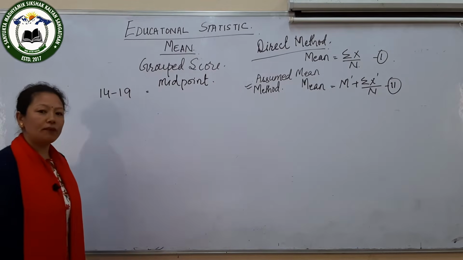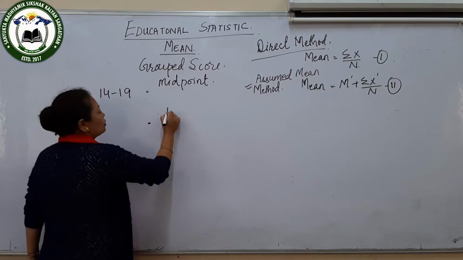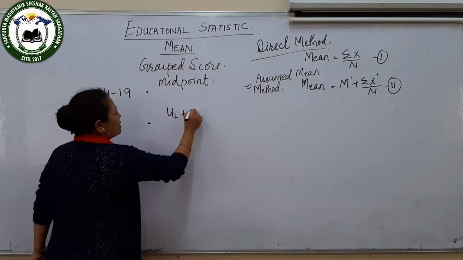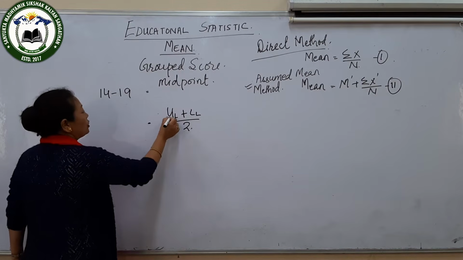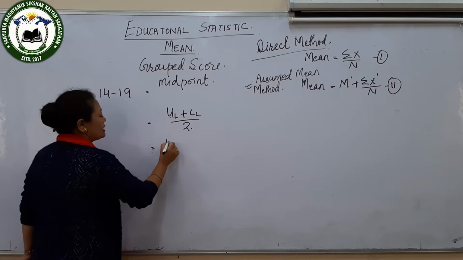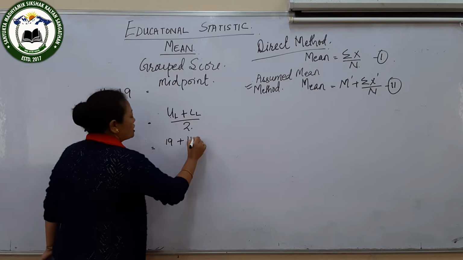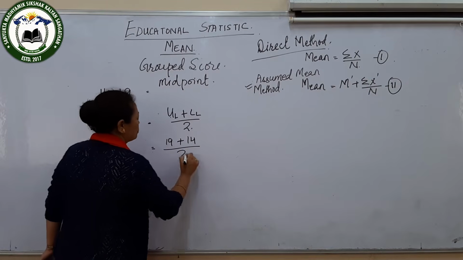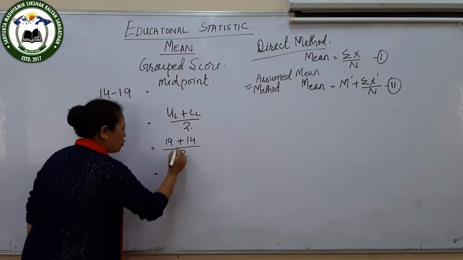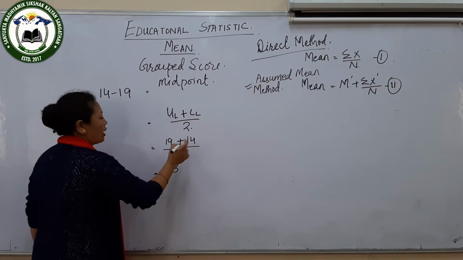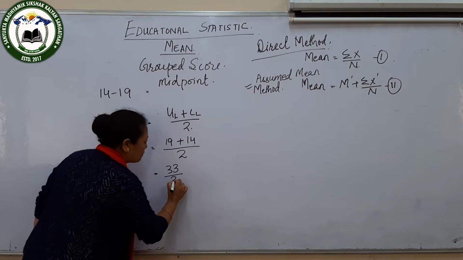I hope you remember the formula for the midpoint: UL plus LL divided by 2. Here the upper limit is 19 plus the lower limit 14, which is 33, divided by 2.